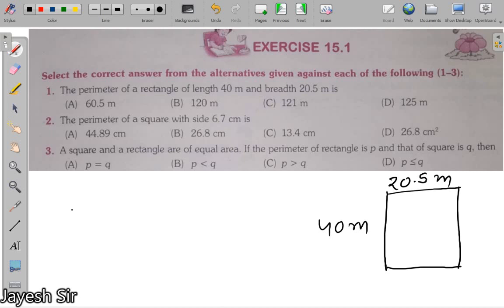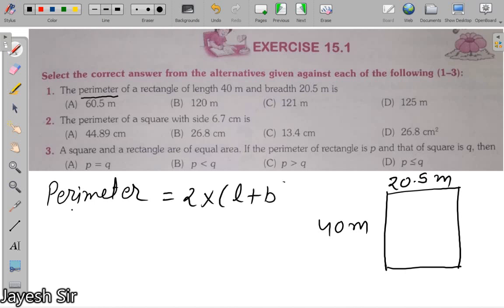We have to find the perimeter of this rectangle. We have written down the formula for perimeter. The perimeter of a rectangle is 2 into (L plus B), where L is length and B is breadth. So 2 into the bracket, where L is 40 and B is 20.5.